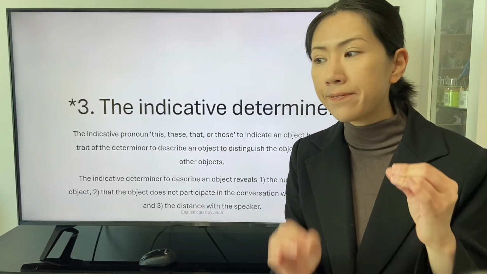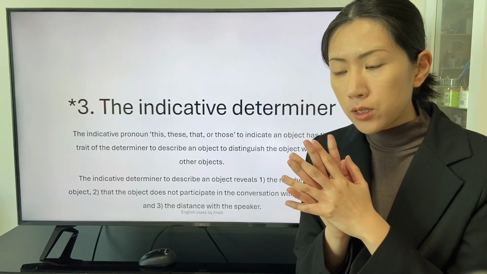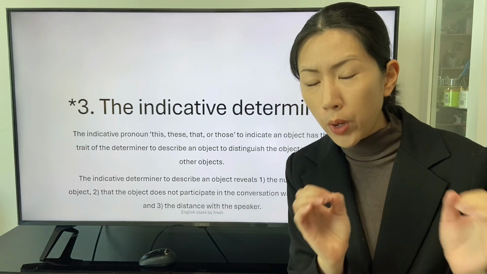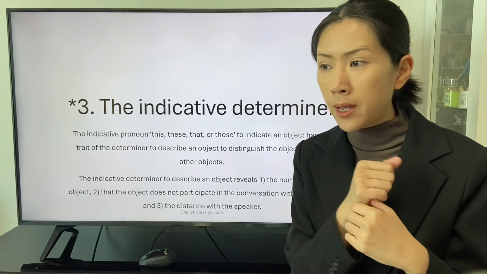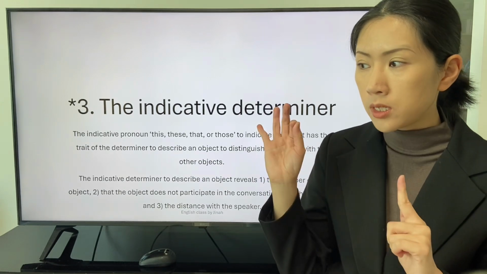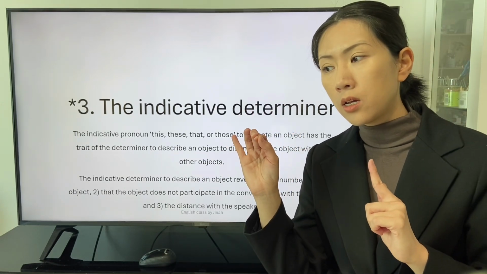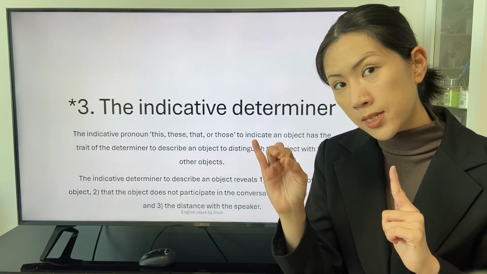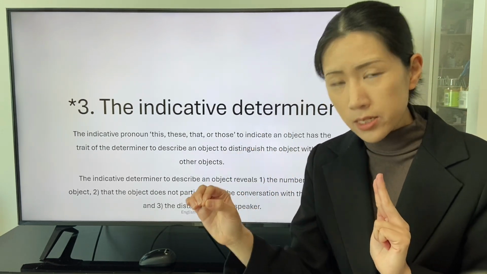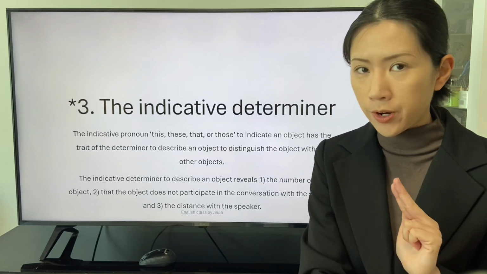The indicative pronoun indicates an object with the information about the number of the object, whether the object is a participant in the conversation with the speaker, and the distance from the speaker.